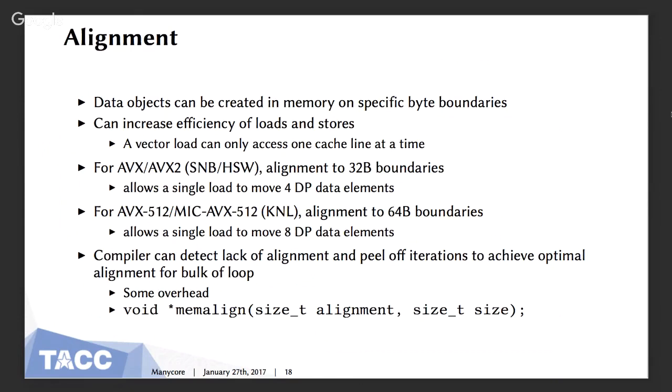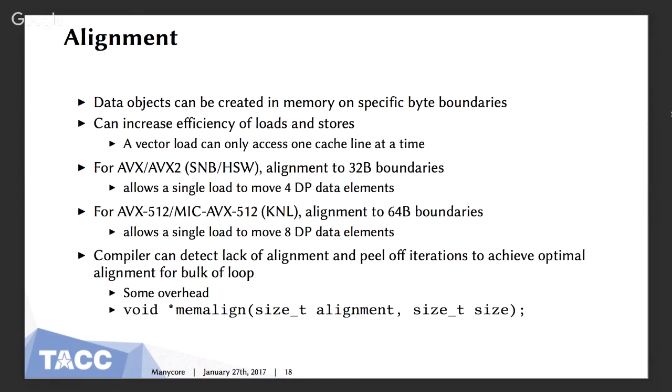A vector load is only accessing from a single cache line at a time. I don't understand exactly why that has to be the case, but that is the case. A vector load is only pulling from one cache line at a time. What this means is that you want your loads to divide evenly into the size of the cache lines.